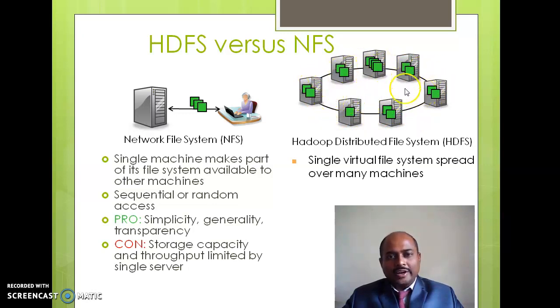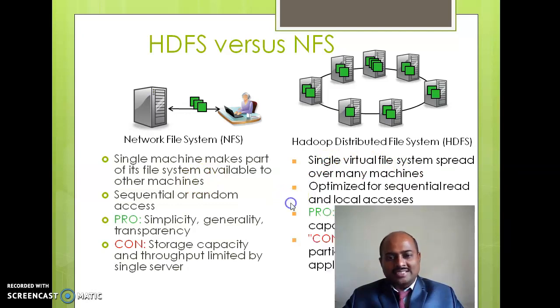That is the major difference between HDFS and NFS. In NFS a single machine makes part of its file system available to other machines, but in HDFS a single virtual system is spread over many machines. Second, sequential or random access is allowed in NFS.